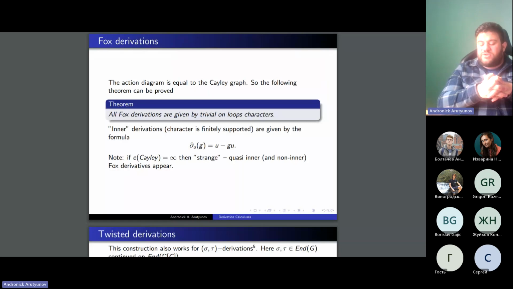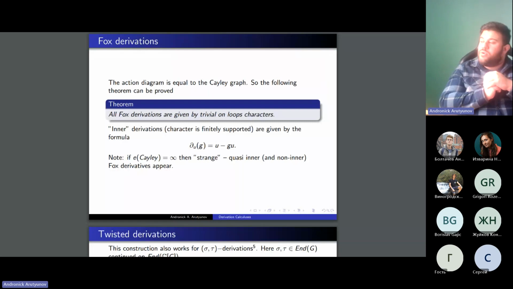Then all Fox derivations are given by the formula which is written. You can check that the Fox identity holds for them. And this is a very well-known case of Fox derivations.